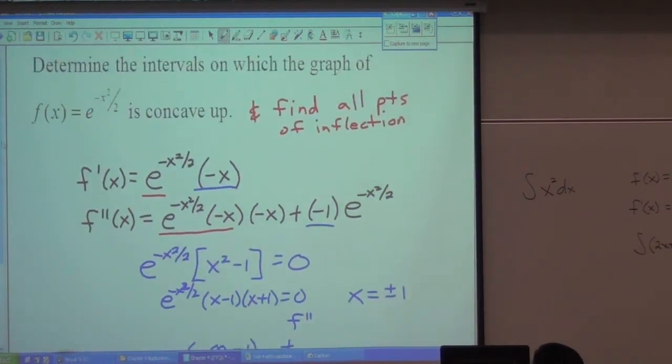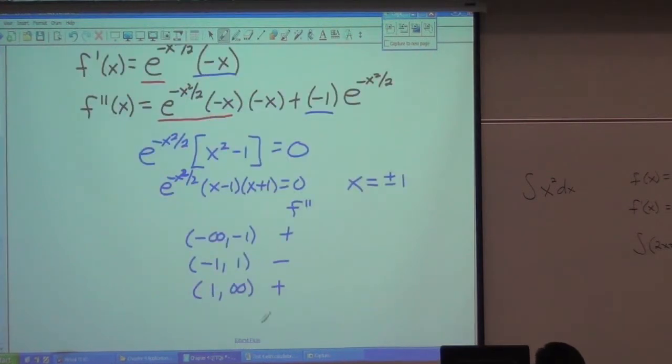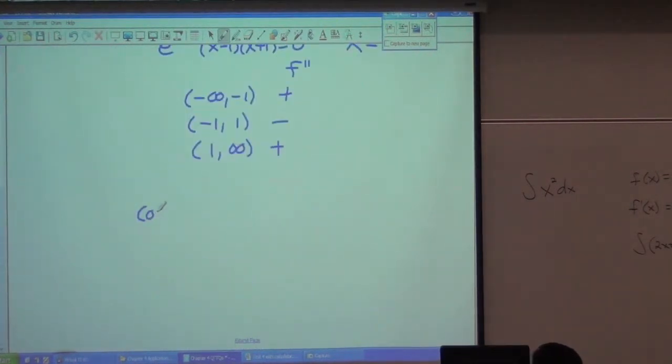So the question said, where is it concave up? It's concave up from negative infinity to negative 1, and then again from 1 to infinity. If we had asked where it's concave down, we could say it's concave down from negative 1 to 1.